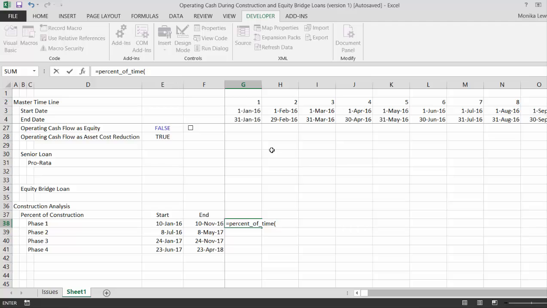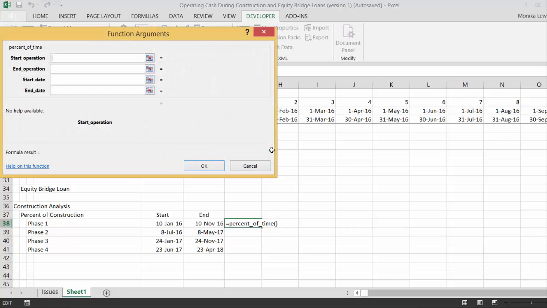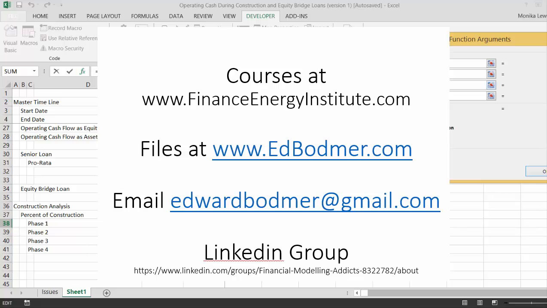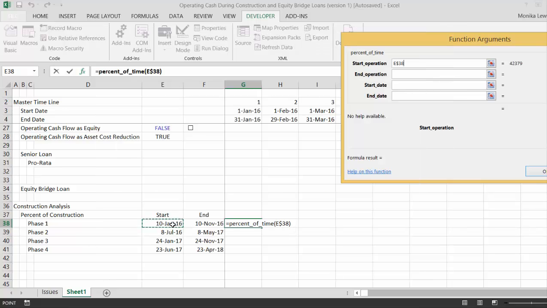Okay, and remember what you press is Shift F3. This is where the start and end date are. The start of operation, you better press the F4 to get just to the E. And the end of operation, you push the F4 key like this.